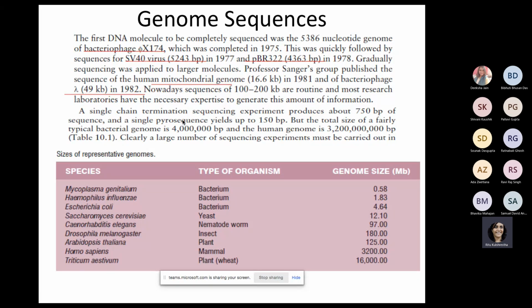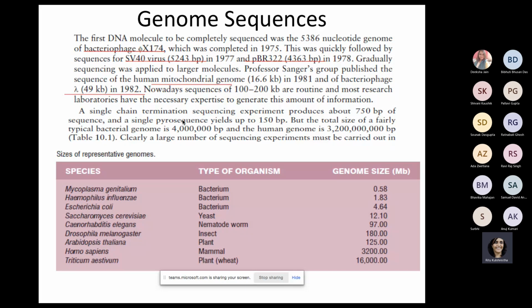That way, even for very small plasmids, you can easily go for Sanger sequencing. But the issue comes when you have very large genomes, like mammals and plants. In those cases, you have to resort to a parallel sequencing approach.